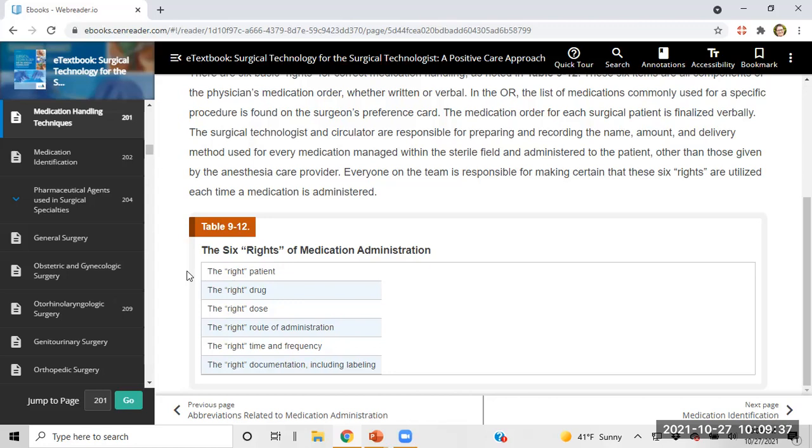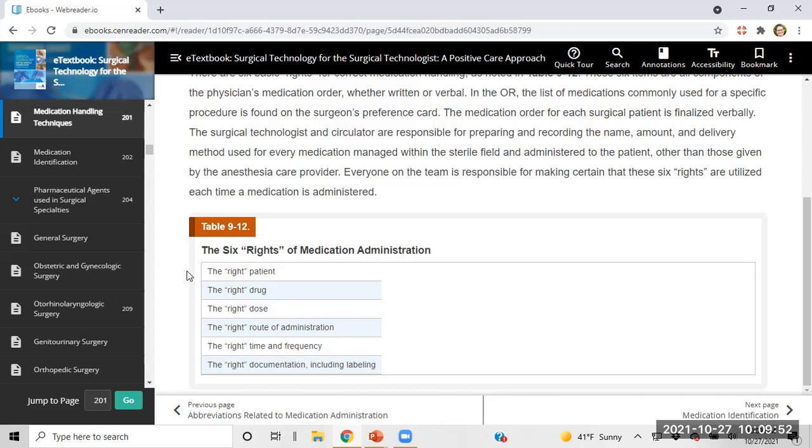These things are confirmed between you and the circulator 3 times before a medication is given to a patient. That is typically at the very beginning, once it's introduced to your table, and then during your count, you'll also identify that medication.